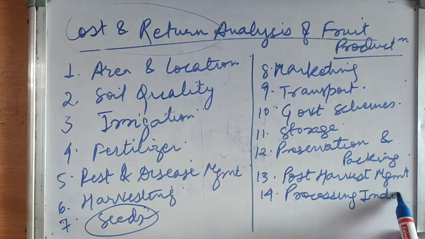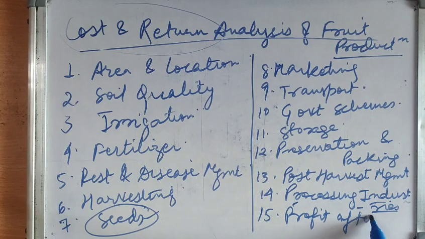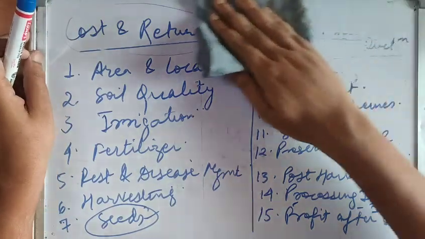Because processed food is always costlier, so processing of food can enhance its return. Profit after sale, and the most important, profit after sale. So these things determine the cost and return analysis of fruit production.